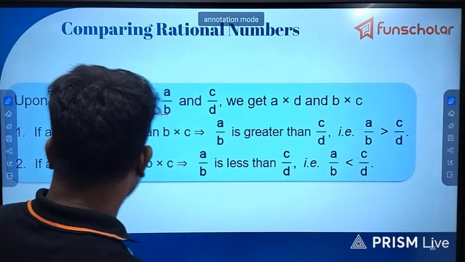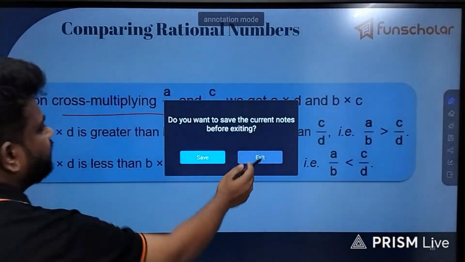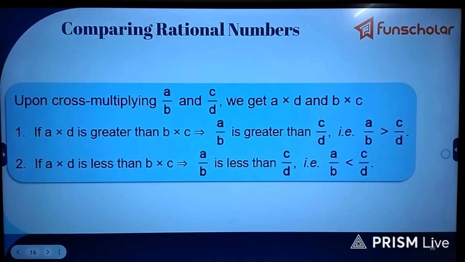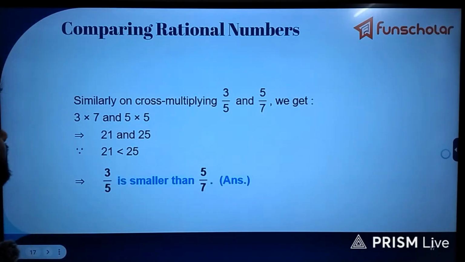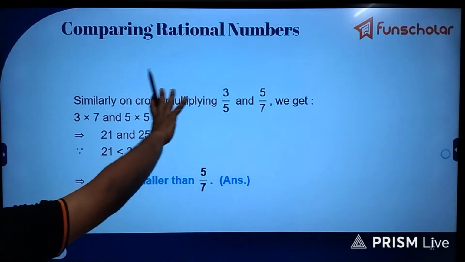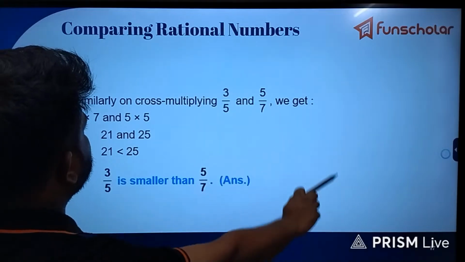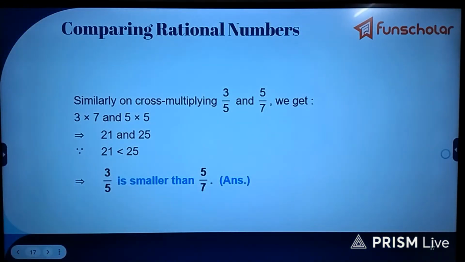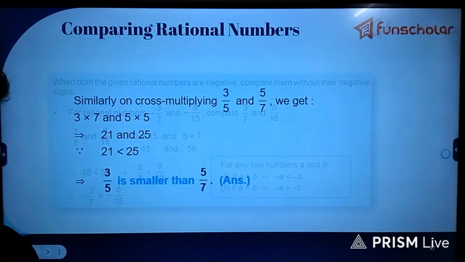Okay, so this is just the explanation of the method. You guys can check it out. The next one, yes, they have verified this with the cross multiplication method or diagonal method. You can check this one out.